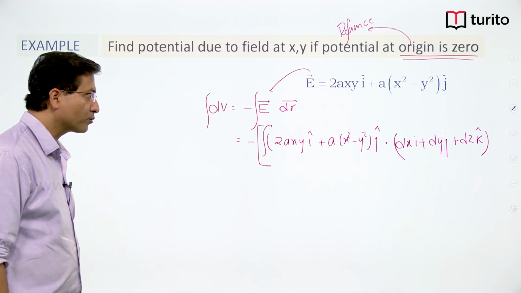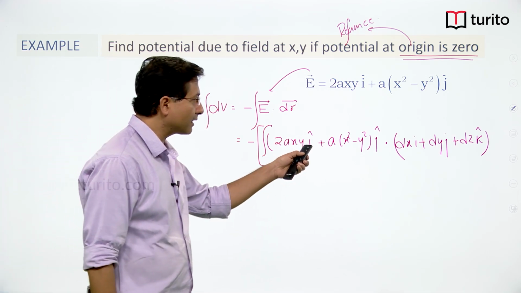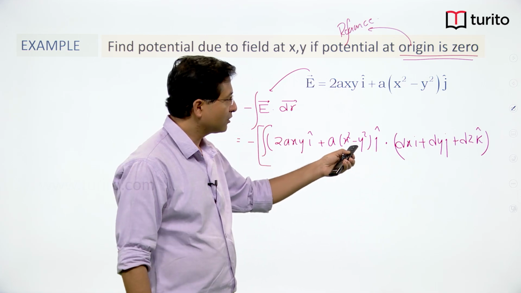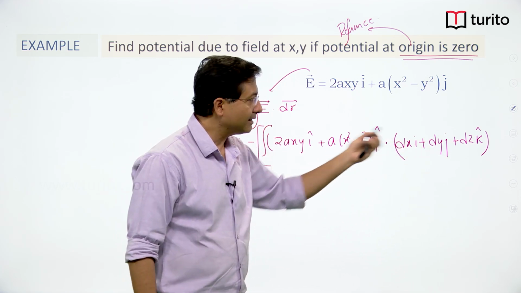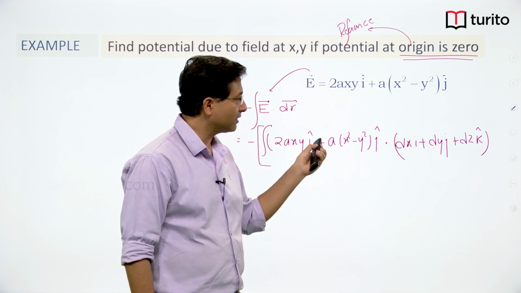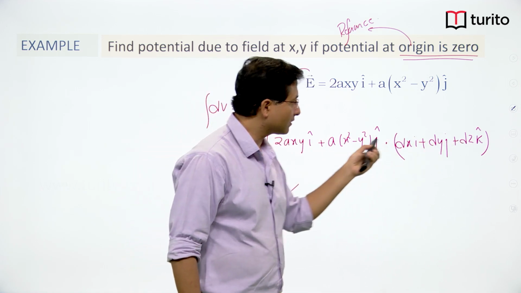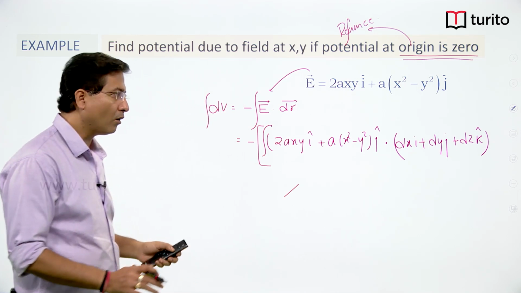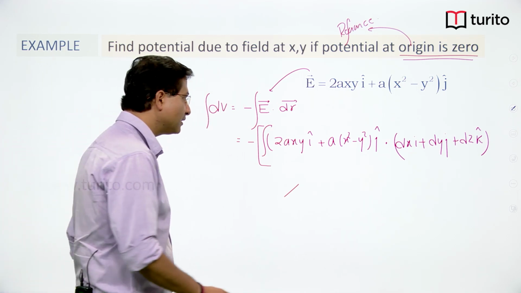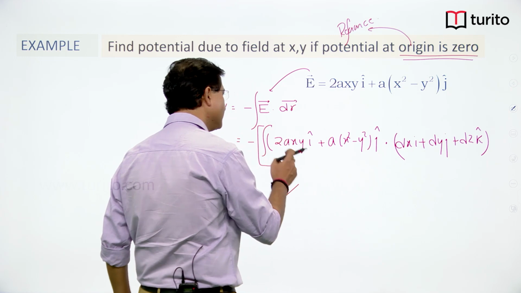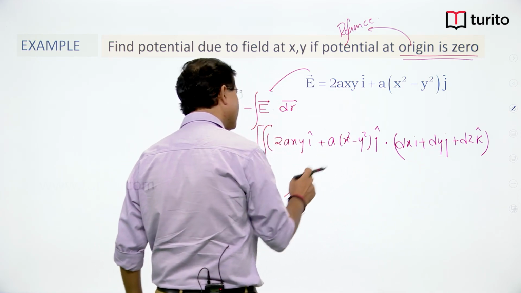So if you do dot product, we know that i dot i is 1, j dot j is 1 and any other combination, i dot j, j dot i or k dot j, all those will be 0. So ultimately you are going to get this product and this product.